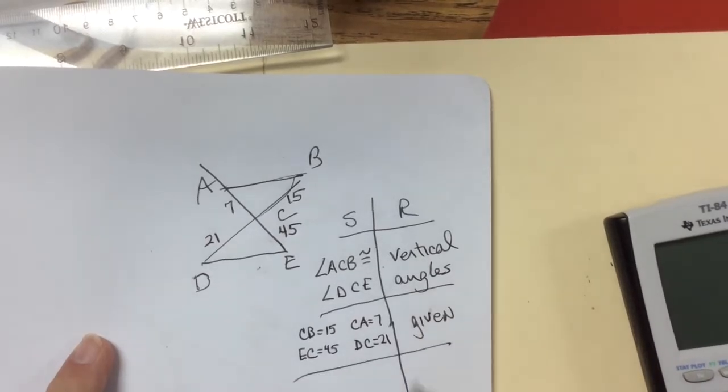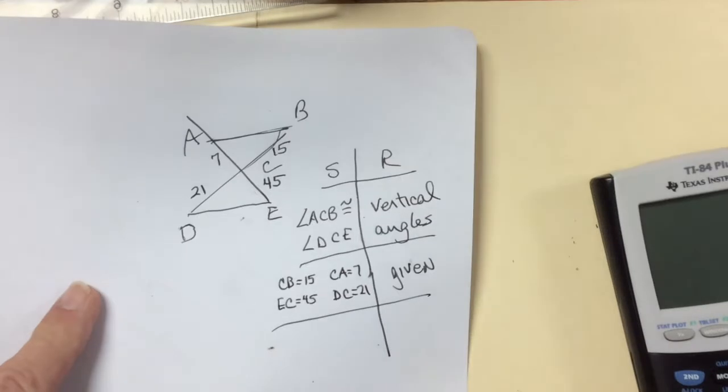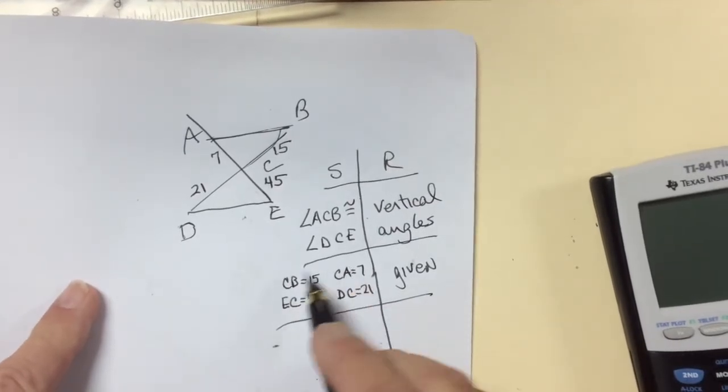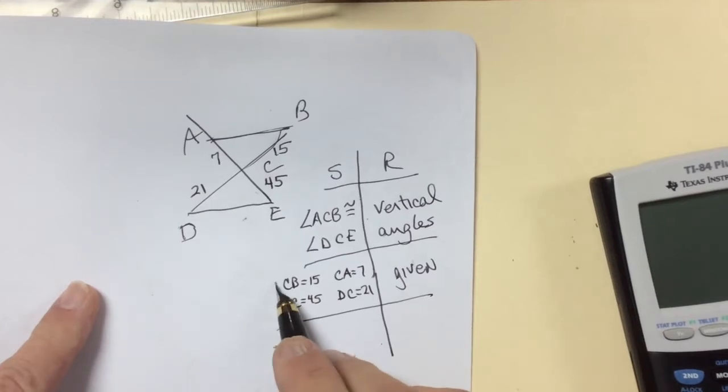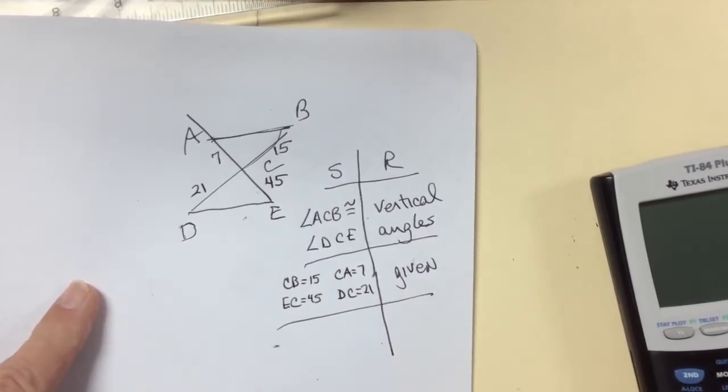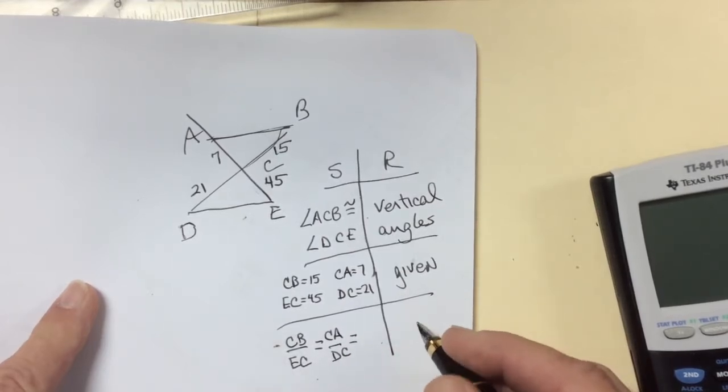But I didn't just write it down in any random order. I wrote it down with the large one first, the small one second. On the first line, I wrote the one triangle, and on the second line, I wrote the other triangle. Why did I do that? Because I want to know if I take CB over EC, is that going to be the same as CA over DC?